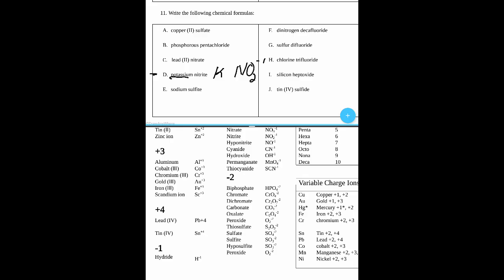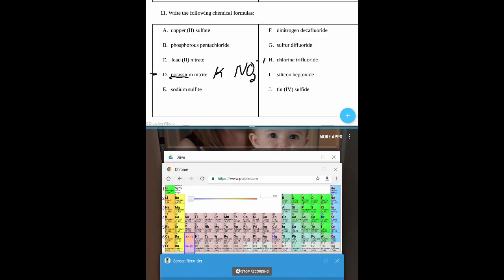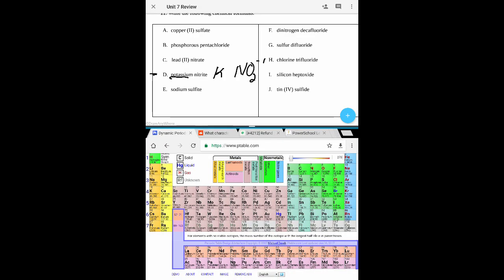Potassium is a metal. You know this because it is on the left side of the periodic table. It is number 19, and it's in the first column, so you know it is also plus 1.